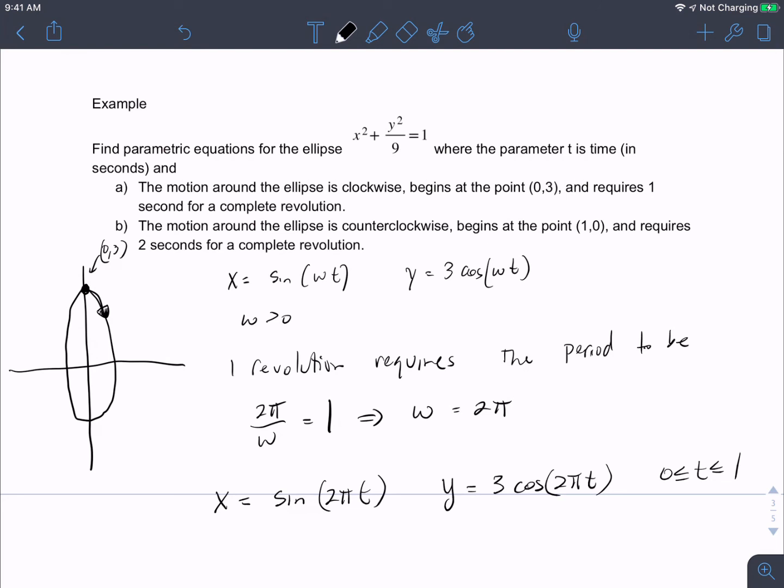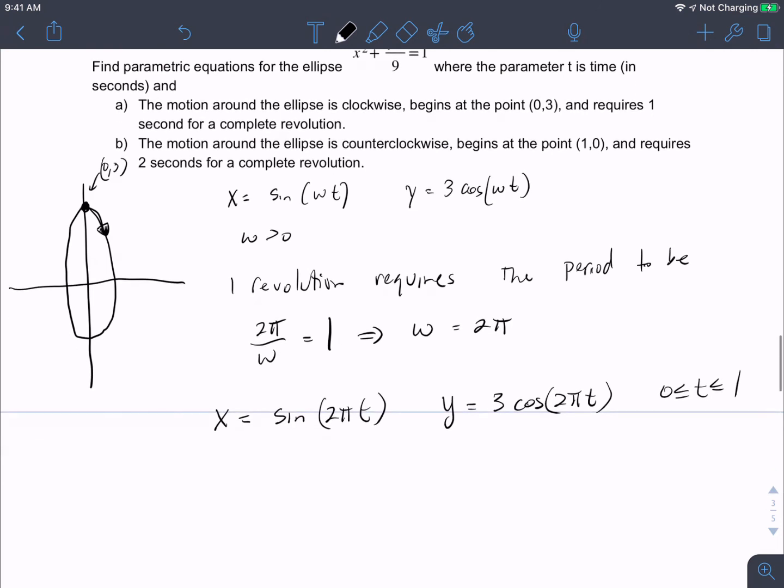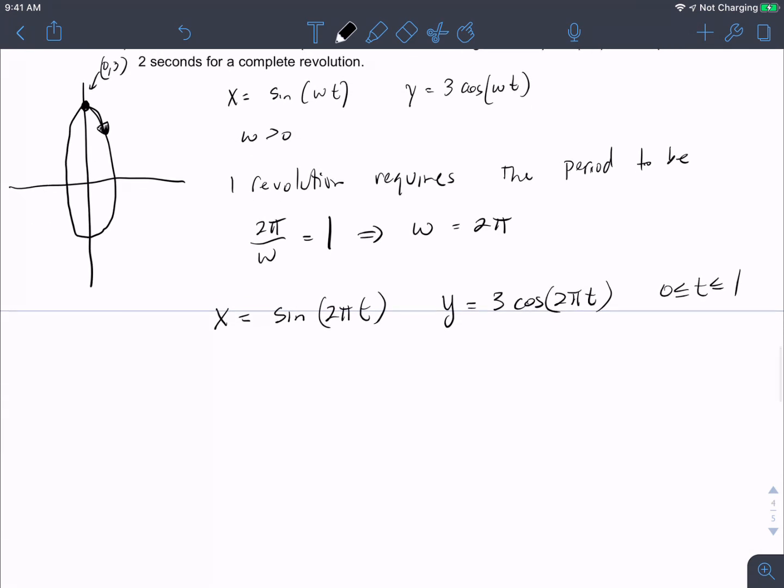So that's how we get it to be going clockwise. And then to go counterclockwise, you guessed it, instead of x being sine and y being cosine, it's going to be x is cosine and y is sine. And so this is for part B. x is cosine of omega t, and y is going to be 3 sine of omega t.